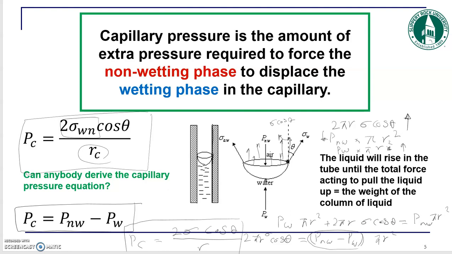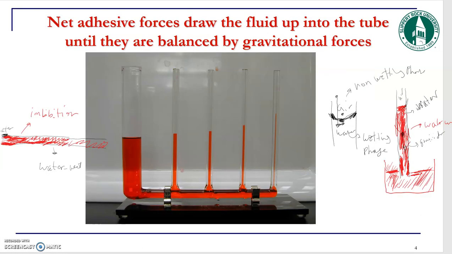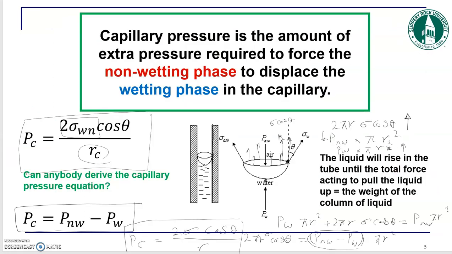So if your radius is much larger than your interfacial tension, then the capillary pressure is almost zero, and you can see the height is going down, down, down, until if you have a large bucket, then the surface is completely flat. So there is no capillary pressure in that case.